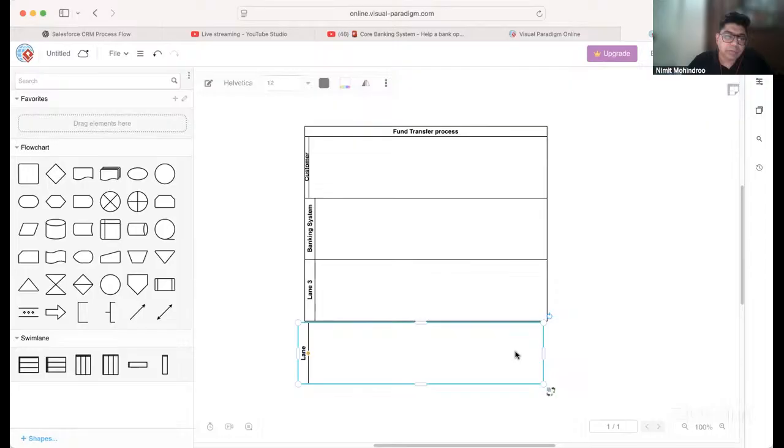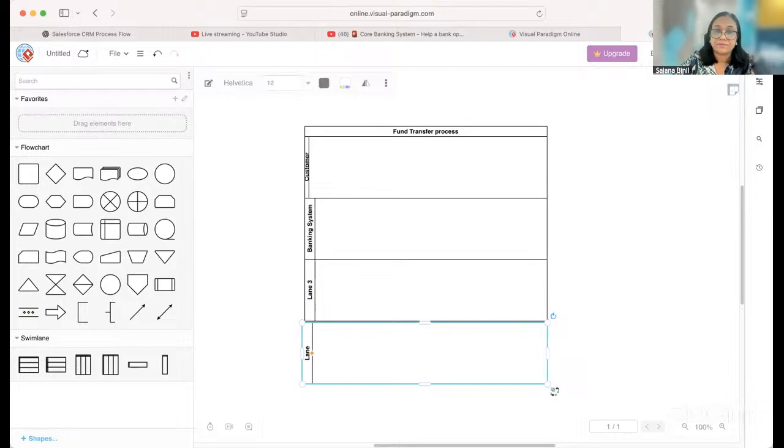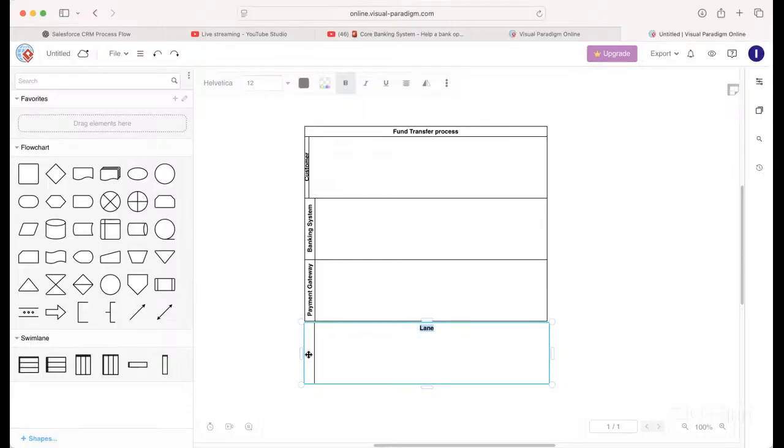Then I think it will be payment gateway. Great. Payment gateway. And then the last one. Compliance team.